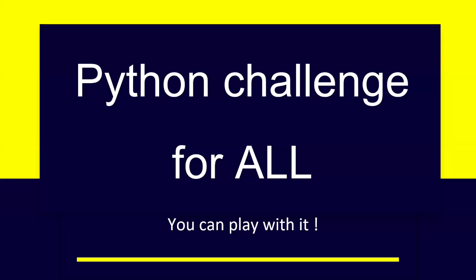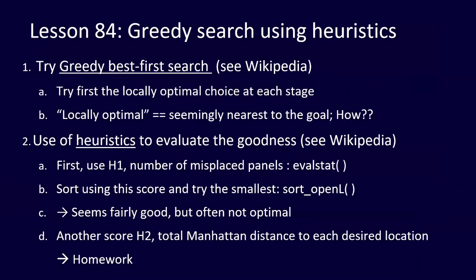Welcome back to Python Challenge for All. Okay, so let's continue our AI solution to 8 puzzles. Last time we tried greedy search, which tries to prioritize the seemingly best solution, which has the estimated least cost to the goal.